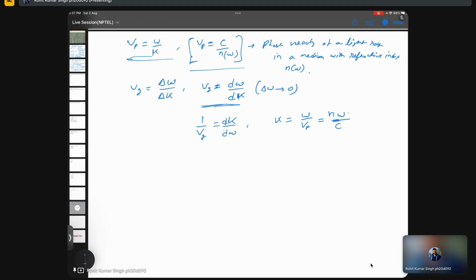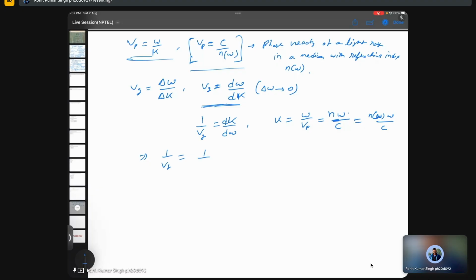Now if you do this differentiation with respect to omega, because n is also dependent on omega, you will have to differentiate it also with respect to omega.